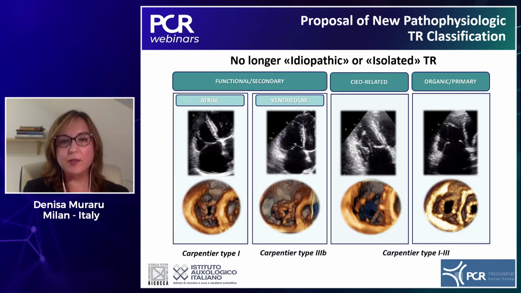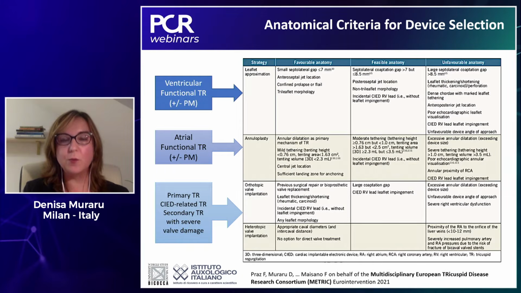Therefore, due to these considerations, we should no longer apply idiopathic or isolated TR, but we should refer to this new proposed classification that comes from the PCR tricuspid focus group. Why? Because in principle, of course, there are exceptions, but in principle, patients that have atrial functional TR are the ideal candidates for annuloplasty.